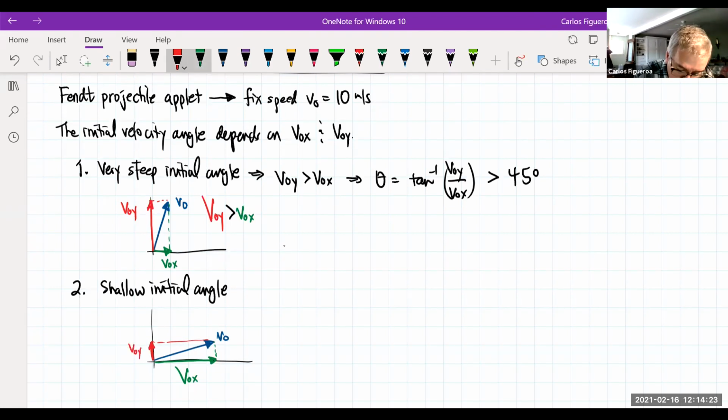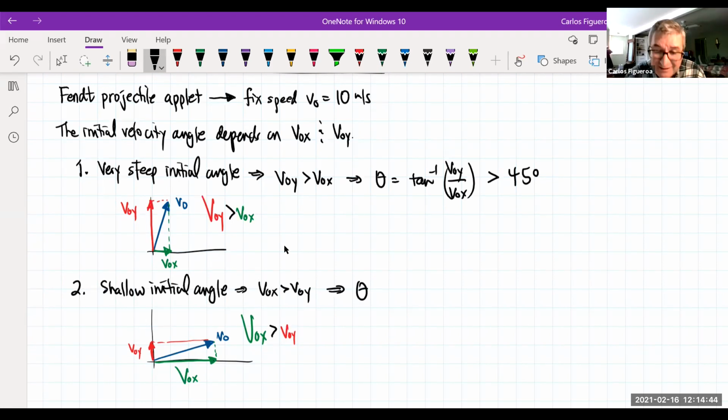So right away, we can see that the length of X is bigger than the length of Y. So a shallow initial angle immediately tells us that V initial X is greater than V initial Y. If I look at the angle again, using the exact same tan inverse as I did up there, this angle will be less than 45 degrees. That's what I mean by that.